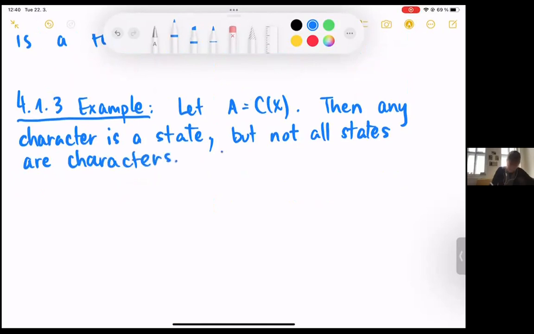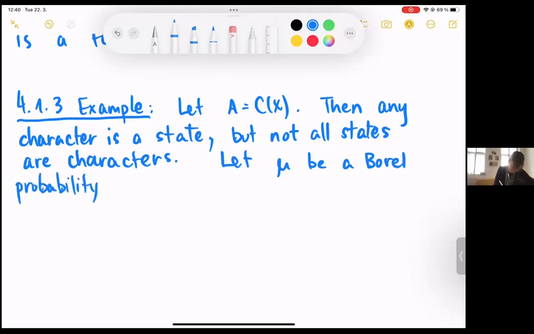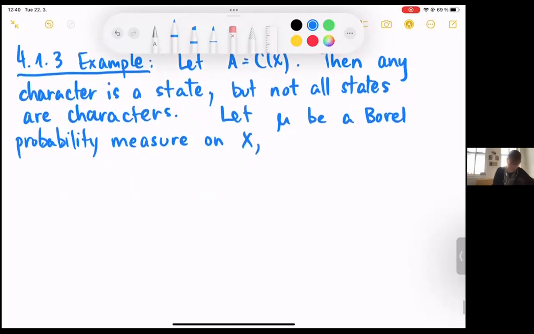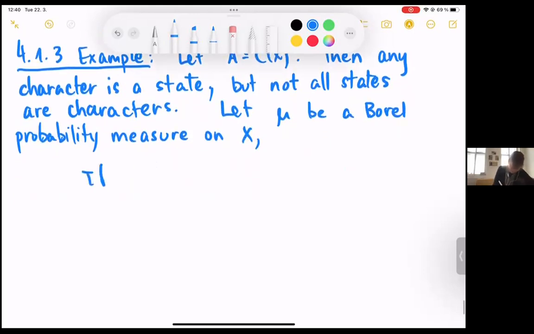So more generally, let's take a Borel probability measure mu on X. Then we can just integrate with respect to this measure.